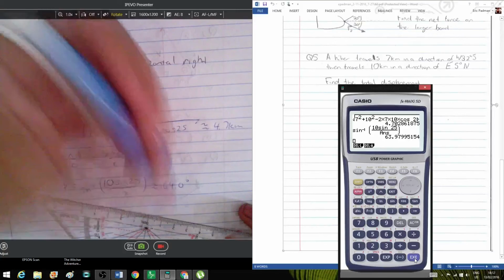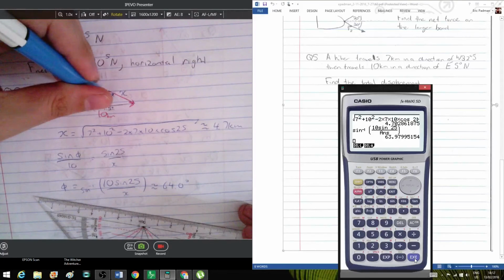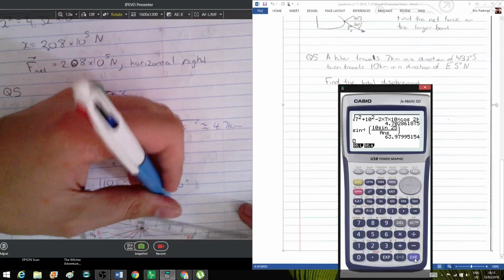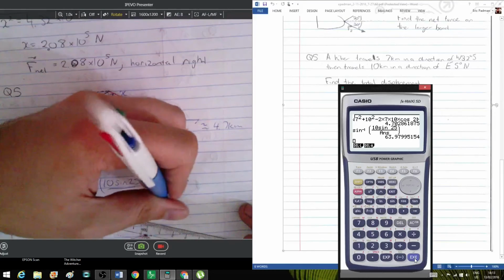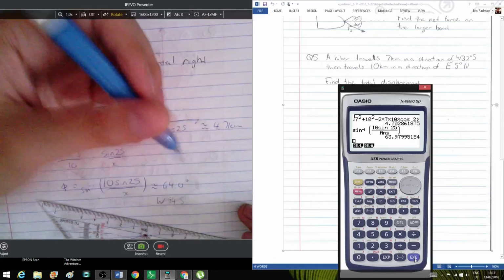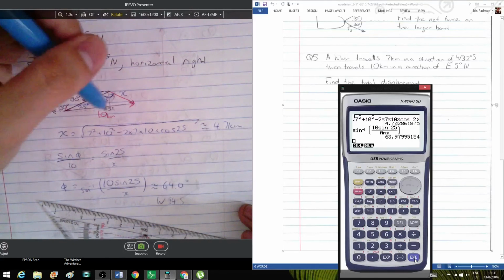Or essentially, what I've just worked out here is that the full angle around from there is 94. So that's west 94 degrees past the south. That's not a conventional way of writing a compass bearing.